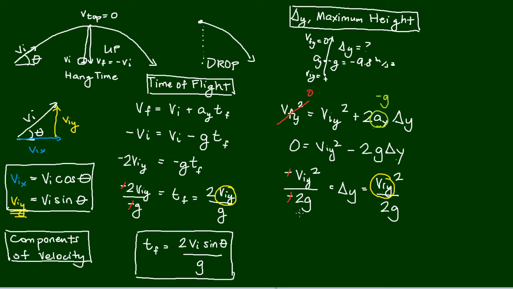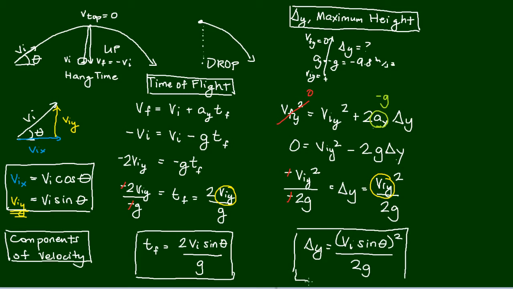So substituting, delta y is equal to Vi sine of theta, squared, all over 2 times gravity. So this is your formula to get the maximum height of your projectile at an angle. Okay? So we've solved for the components of velocity, we've solved for time, we've solved for maximum height.